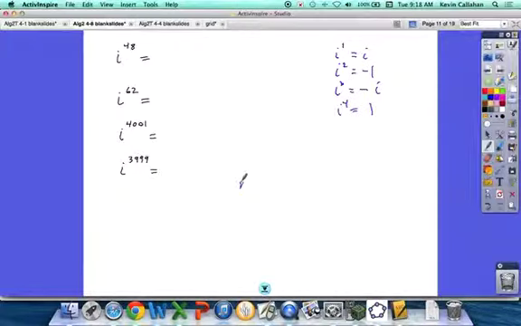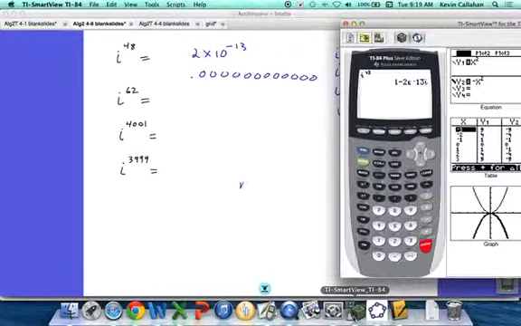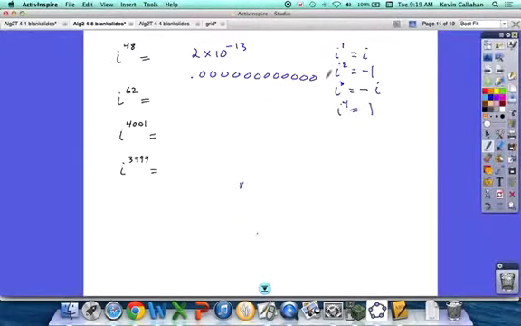Well, 2 times 10 to the negative 13th is 0.0000000000002. It's all of that times i. That's the calculator not rounding off to 0. It's really 0. There is no i. The answer is 1, like I knew it was going to be 1.